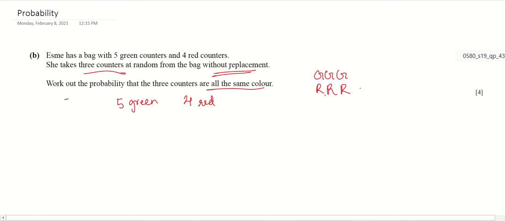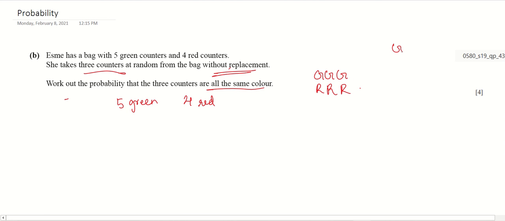So we'll start with green, green, green. I believe it's easier than the previous one, because there isn't any order that you need to care about, because it will be G, G, G, and it's R, R, R. There is no other letter that comes in between to differ the order, right?